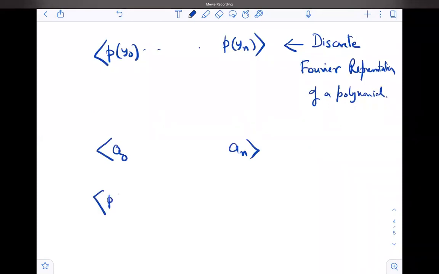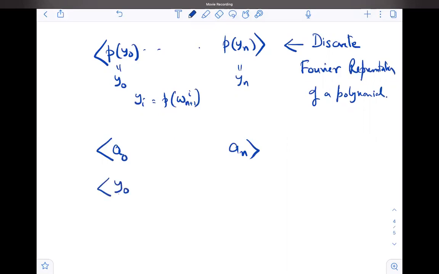Maybe, let's call this one y0 to yn. I'm going to use this notation where yi is p of w_(n+1) to the power i.